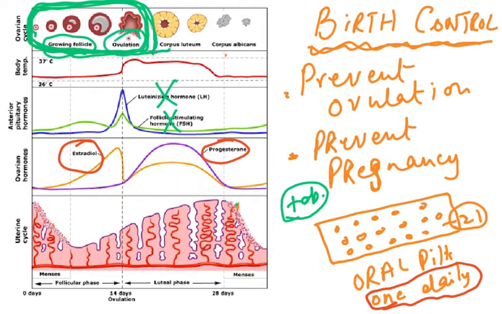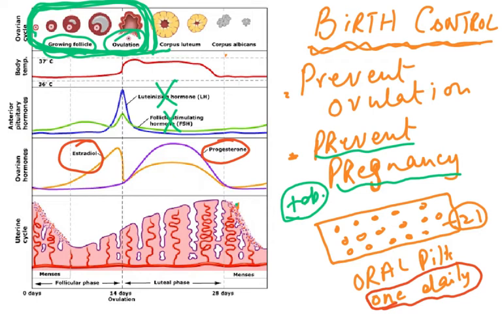This, of course, was how pregnancy was avoided, and millions of women still take the oral pill, and it is very successful, and it doesn't have any side effects. So lots of women are on the oral pill, and they can limit the number of children they want to have, or they can have spacing between the kids.